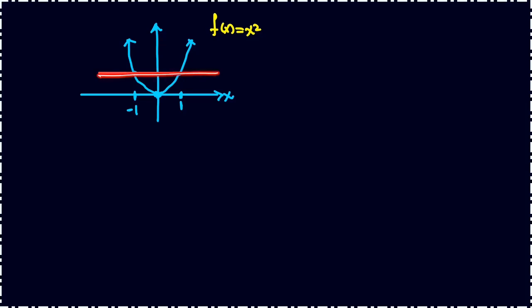If a horizontal line passes the graph more than once, that means that for a y in the range, there are two distinct x's in the domain.